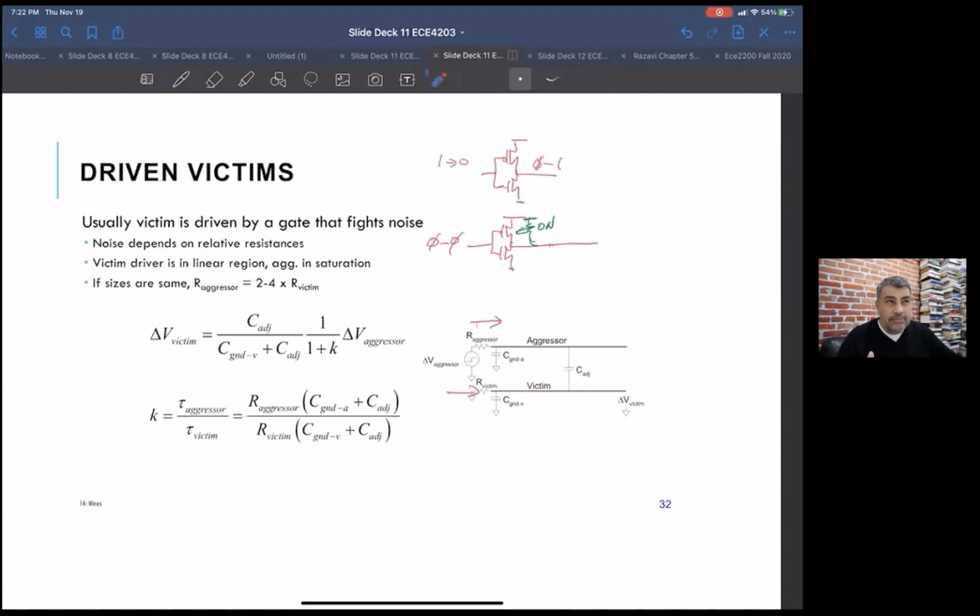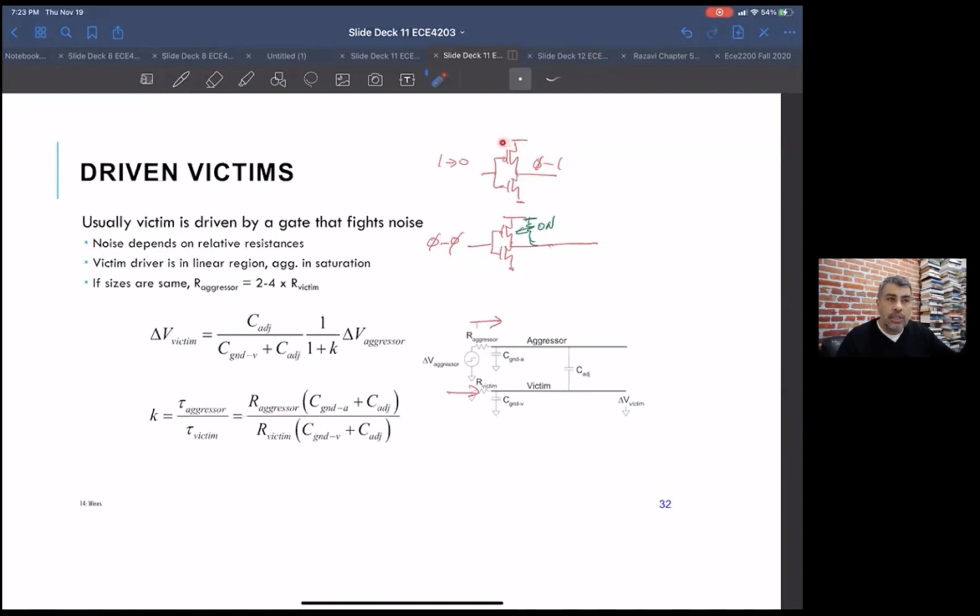And so that sort of crosstalk depends on the relative resistances of the aggressor and the victim, but you're in a much, much better situation. Remember that when you're switching, your transistor turns, let's say in this case, 1 to 0. So this PMOS is just turning on.